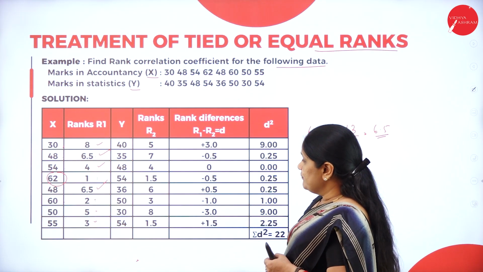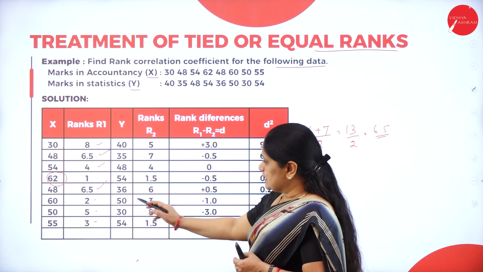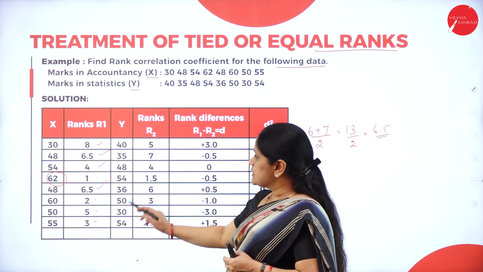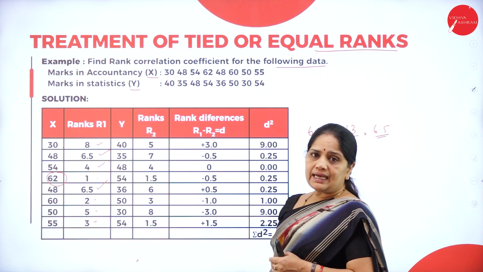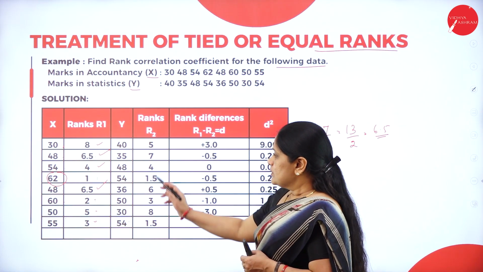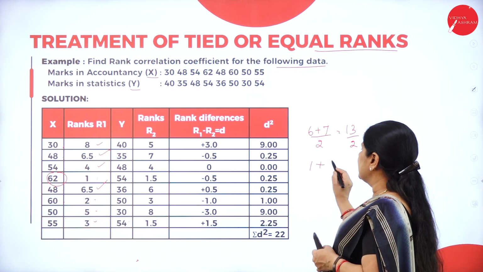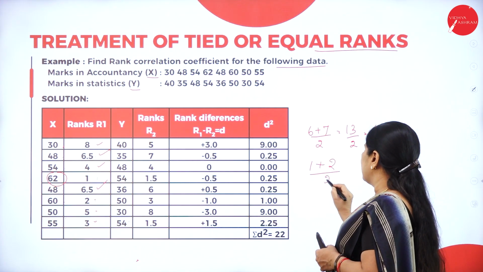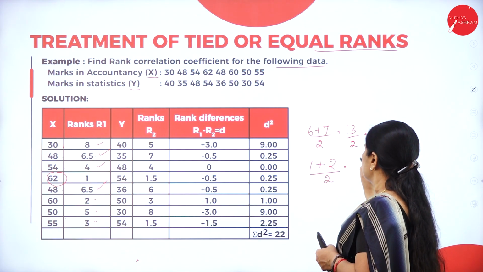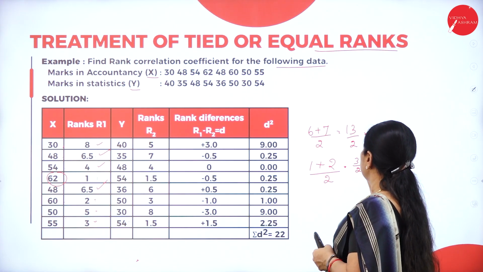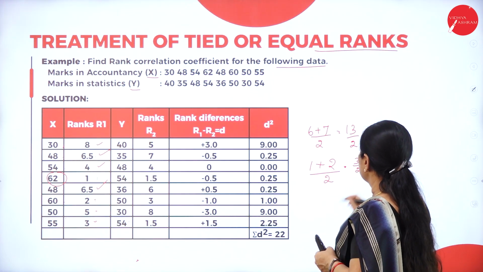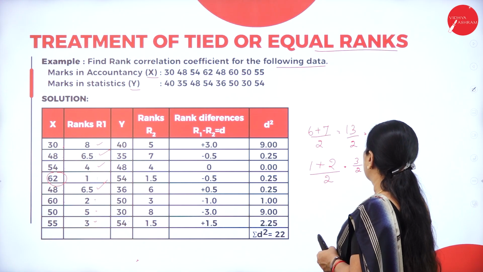Now, in the same way here, we can see the first score itself has been repeated. So, the highest score is 54. So, first and second ranks are repeated. So, I take it as 1 plus 2 divided by 2. So, 3 divided by 2, that will be equal to 1.5.